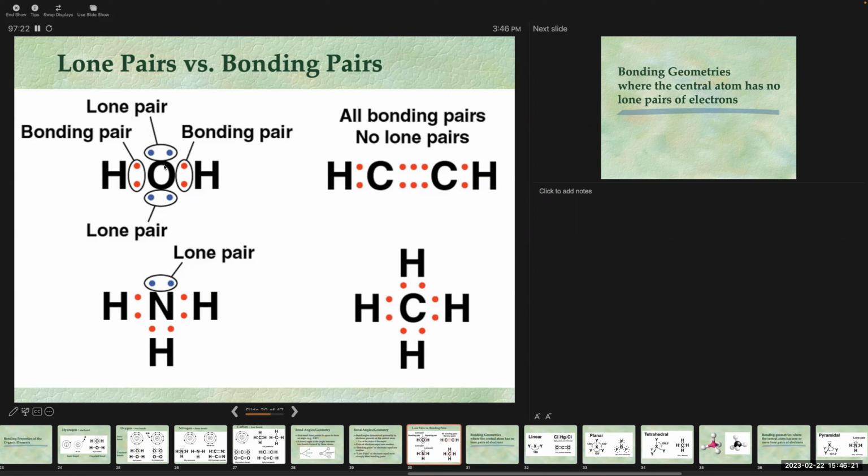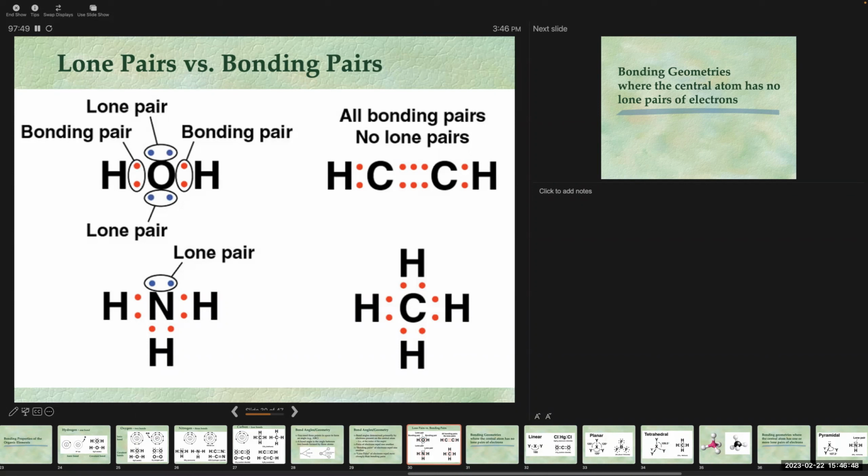But then the oxygen also has two pairs of electrons that are not participating in a bond. They're color-coded blue and also circled. There's one lone pair that I've drawn here up at the top of the oxygen, and another lone pair that I've drawn down at the bottom. So they're called lone pairs instead of bonding pairs because they belong to the oxygen in the middle exclusively, and they're not being shared.